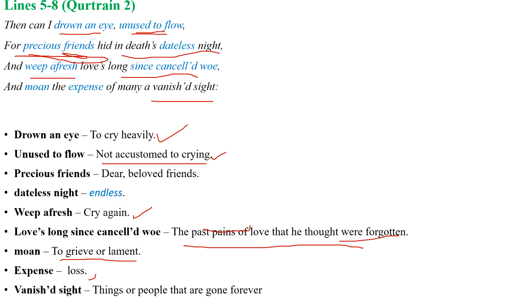So this phrase vanished sight refers to lost experiences or people he once saw but can no longer see. So he lost his dear friends. Now he no longer sees those dear beloved friends. So this phrase suggests lost experiences or lost people.